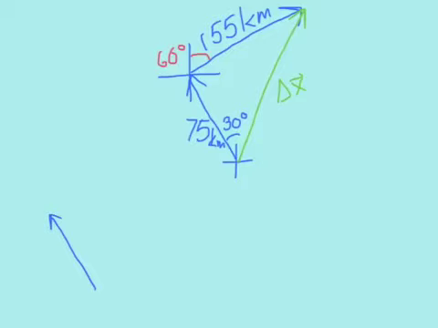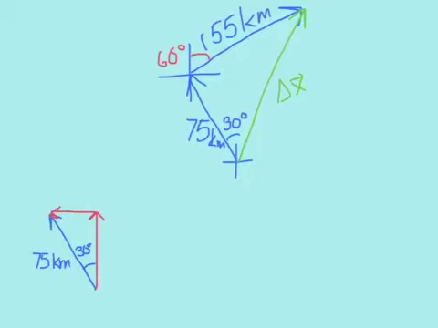So I'll start with the y component, and then there's my x component. As you're drawing the components, you really shouldn't need to even pick up your pencil. My 30-degree angle that I was given in the problem is located right here, and this has a magnitude of 75 kilometers.